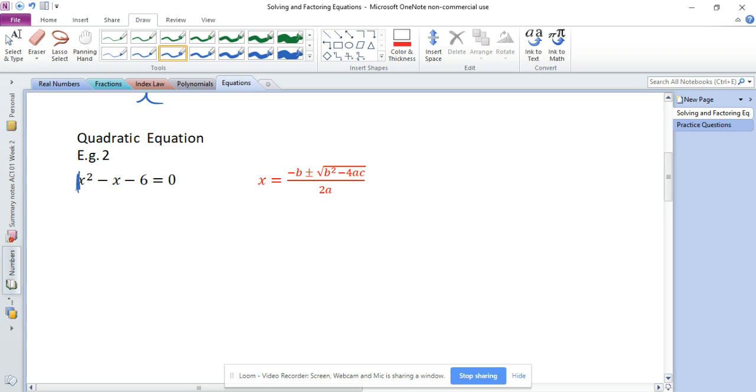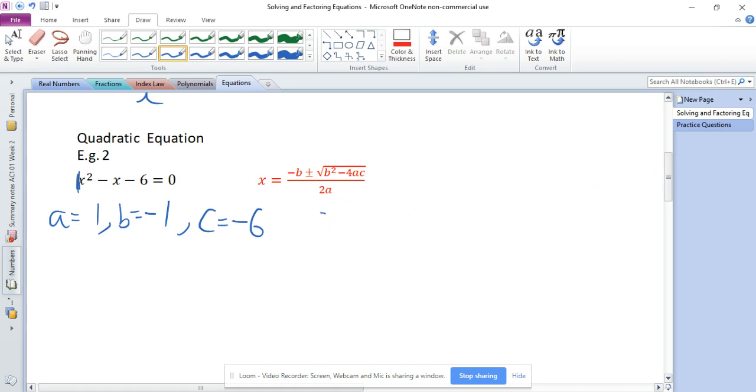So 1 is the coefficient of x squared. b is the coefficient of x to the power of 1. What is the number in front of it? Negative 1. Okay, don't forget the sign. It's negative. Same as c, the constant. If you put 6, you are not correct because the sign before it is minus 6. So you should put minus 6 instead.